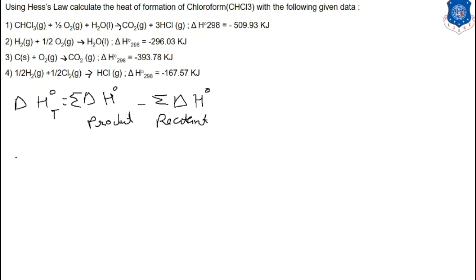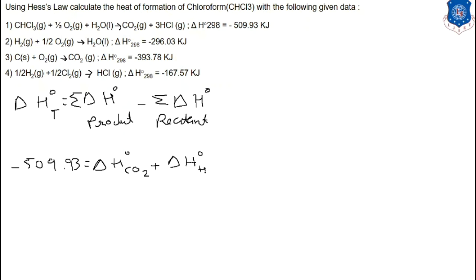So let's write delta H naught for the total reaction, which is minus 509.93 kilojoule, equal to the enthalpy change for the product, given by delta H of CO2 and delta H of HCl.